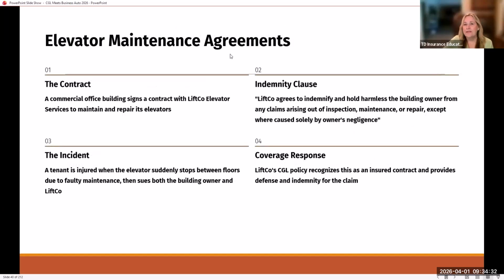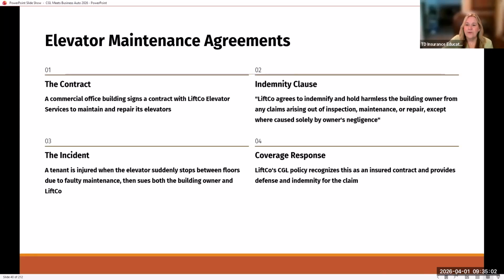An elevator maintenance agreement. This is where, for example, a commercial building owner has an elevator in their building. And so they use an elevator company to come in and do maintenance and repair the elevator. And so they may have an indemnity clause that says lift company agrees to indemnify and hold harmless the building owner from any claims arising out of inspection, maintenance, repair, except where caused solely by the owner's negligence.